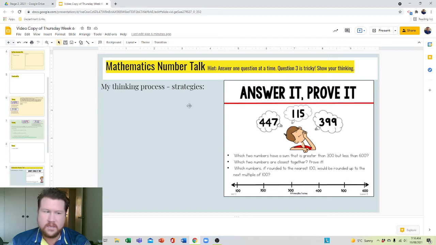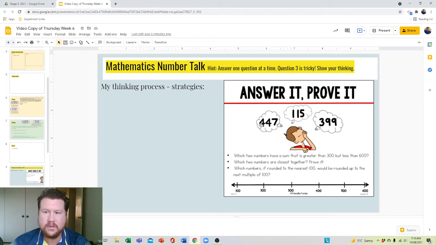Another number talk, because just in case that one was awesome, answer it and prove it. So here are 3 numbers. Answer 1 question at a time. Question 3 is tricky, so show your thinking. Which 2 numbers have a sum that is greater than 300 but less than 600?